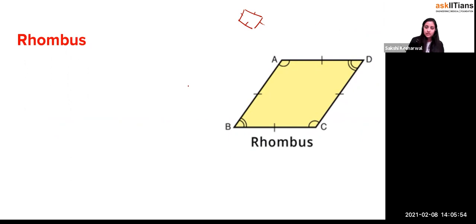Basically, what is a rhombus? It says that if two adjacent sides of the parallelogram are equal, then we say this is a rhombus. See, this side is parallel to this side, and this side is parallel to this side.